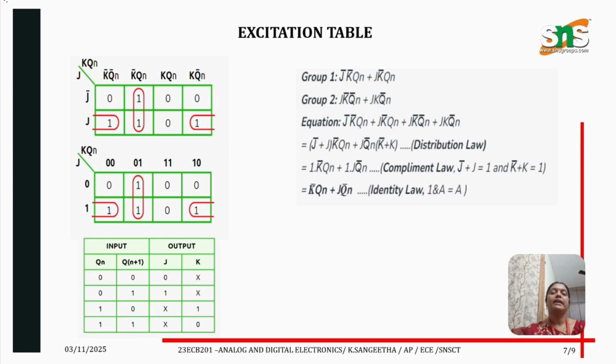These are the characteristic equation terms, and the last one is the excitation table. As I said earlier, the excitation table is used to know what input should be given for changing the flip-flop from one state to another state.